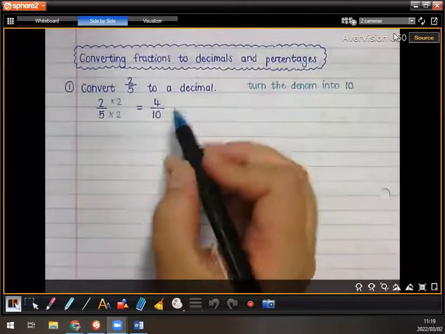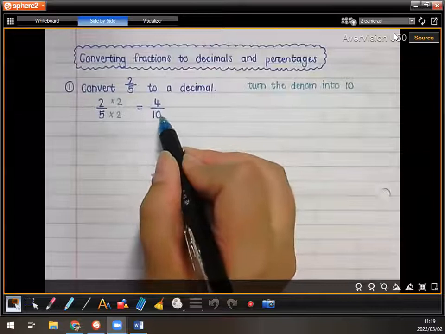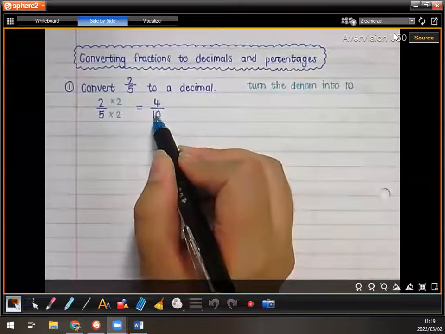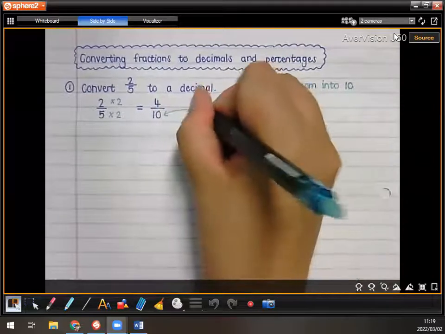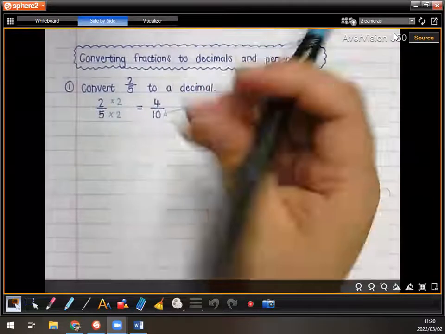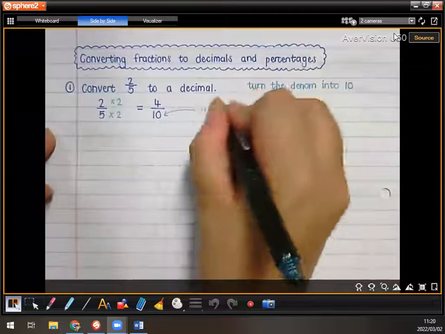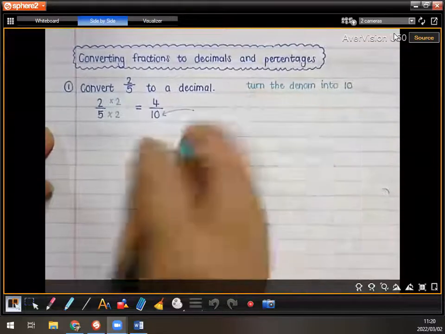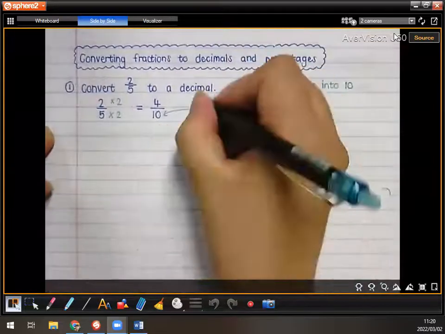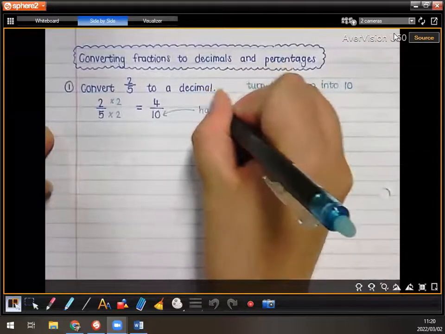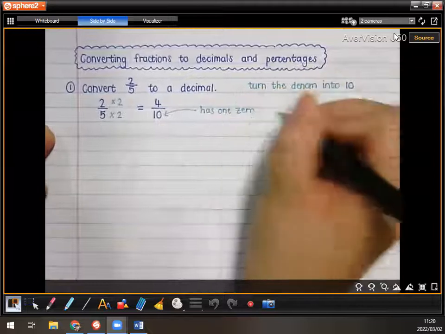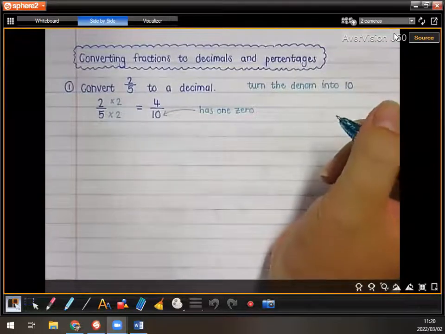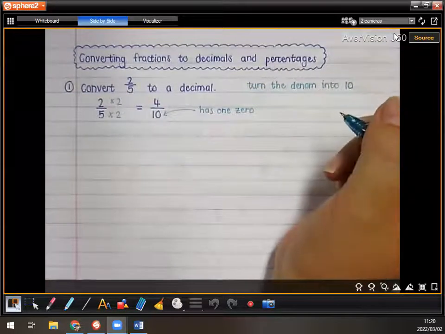Now guys, this 10, the denominator that we have now, we see that it has 1 zero. I mean that it has 1 zero, so that means that there has to be 1 digit after the comma.